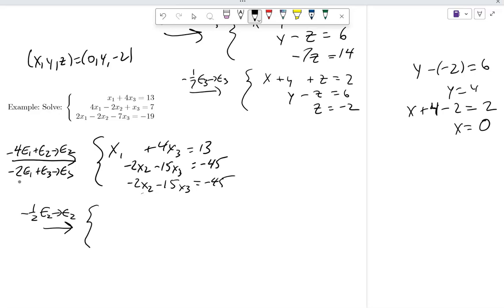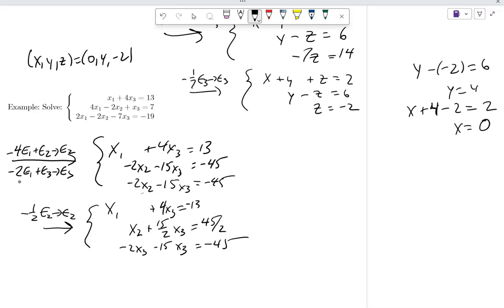All right. So I still have the same first equation. The second equation now becomes x2 plus 15 halves x3 equals 45 halves. And I didn't change the third one. And now the next step is to get what?